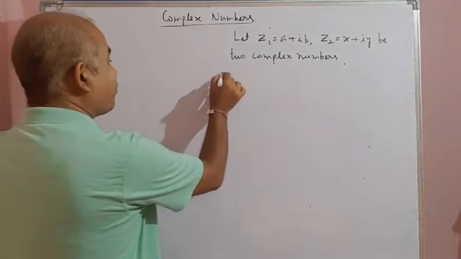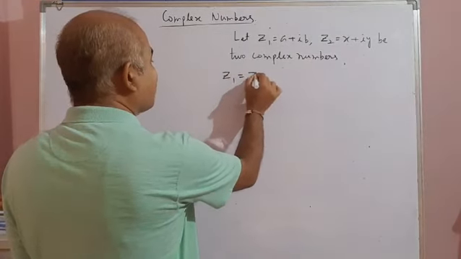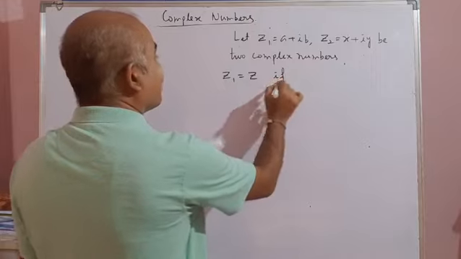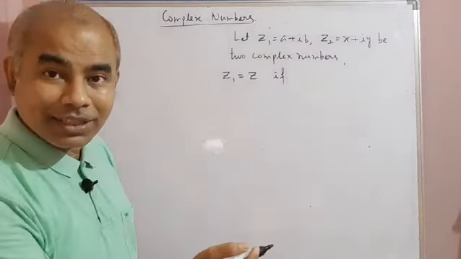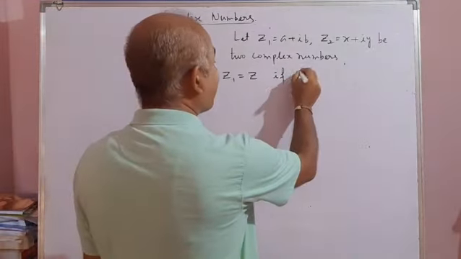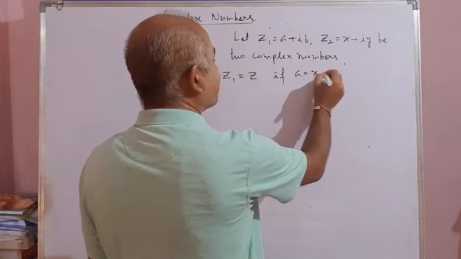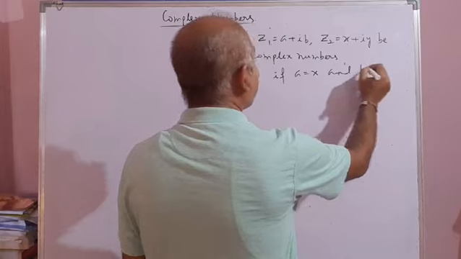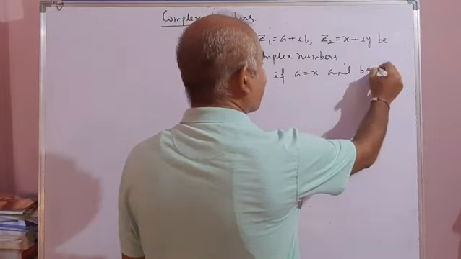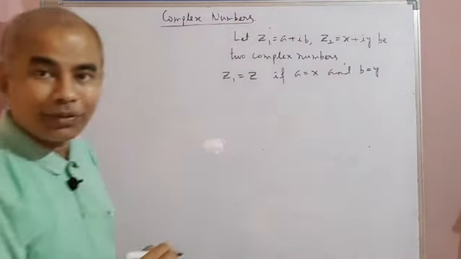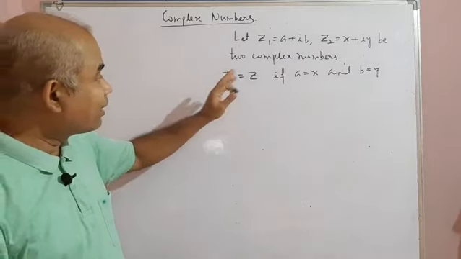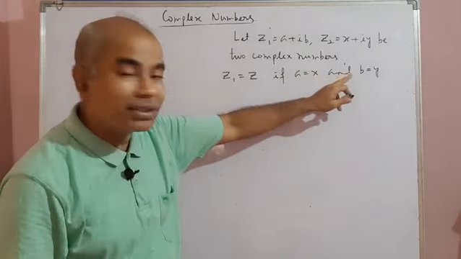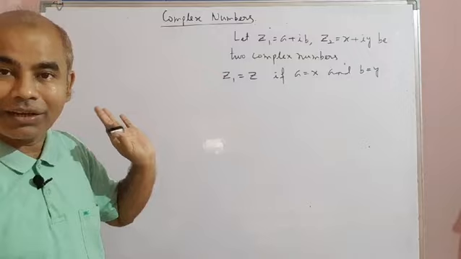The complex numbers z1 and z2 will be equal if their corresponding real parts are equal, that is, the real part of z1 equals the real part of z2, and their corresponding imaginary parts are equal, that is, the imaginary part of z1 equals the imaginary part of z2. So if corresponding real and imaginary parts are equal, then the complex numbers are equal.